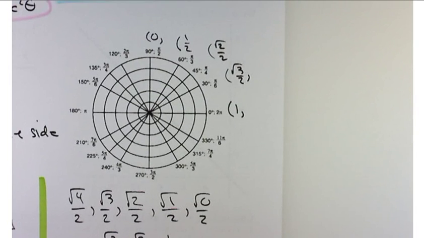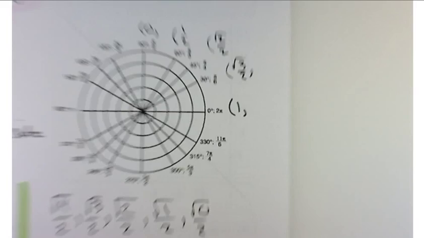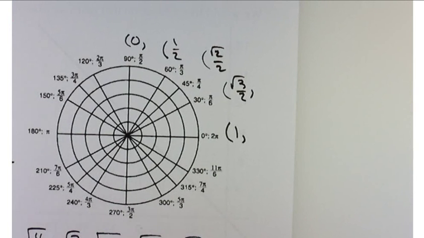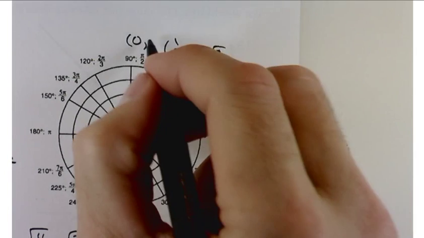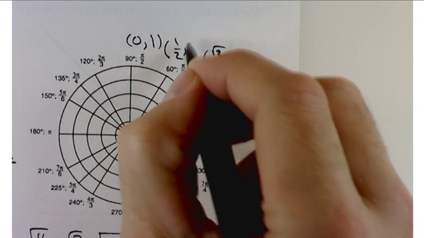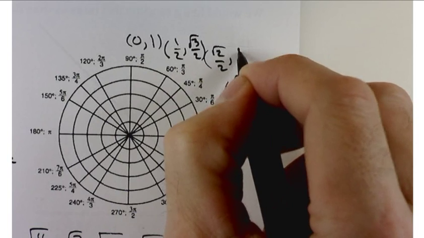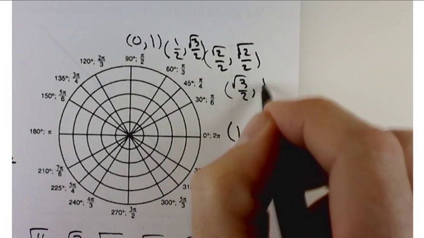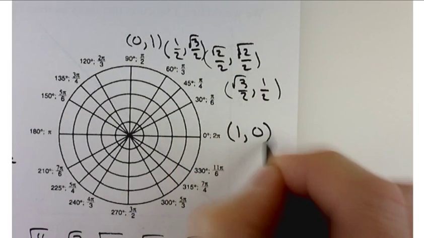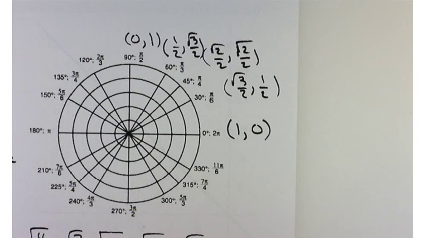And so those are your x-coordinates. What do you think you're going to do for the y-coordinates? Yeah, you're just going to do the same pattern going down. Start at the top. 1, square root of 3 over 2, square root of 2 over 2, 1/2, and 0. And boom, suddenly you've got all your coordinates of your special angles in the first quadrant.